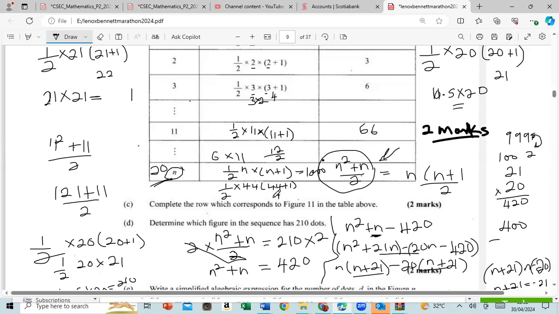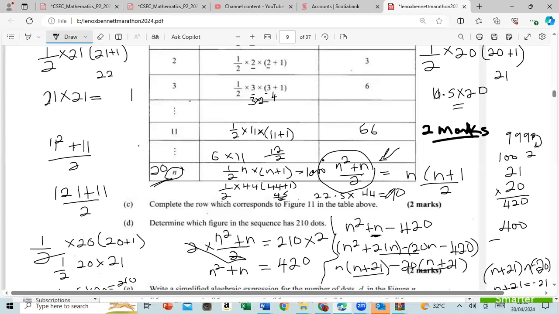So 44 plus 1 is 45, divided by 2. This works out to 22.5. So if you multiply 22.5 times 44, let me punch it on the calculator. Yeah, this works out to 990.